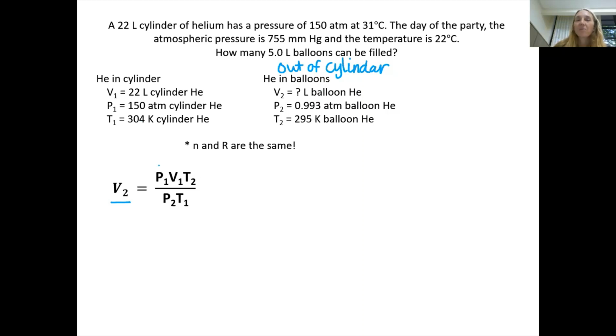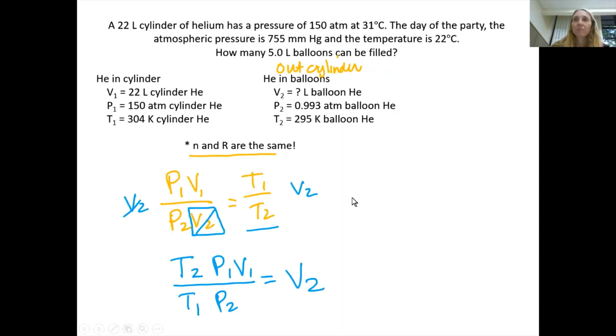Okay, so I had a question about how to rearrange this. So I'm going to back up and go through that one more time so you guys can see. I need to get V2 by itself. Maybe I'll write this up here again and do it twice for you guys.